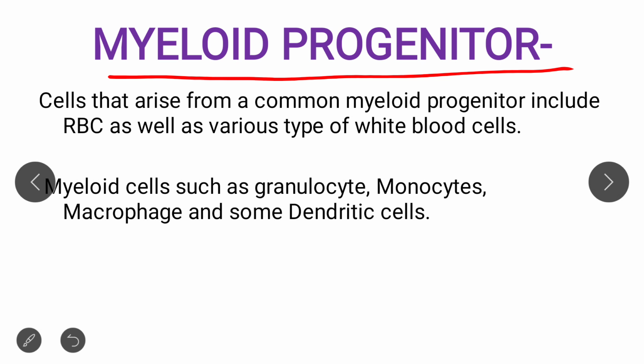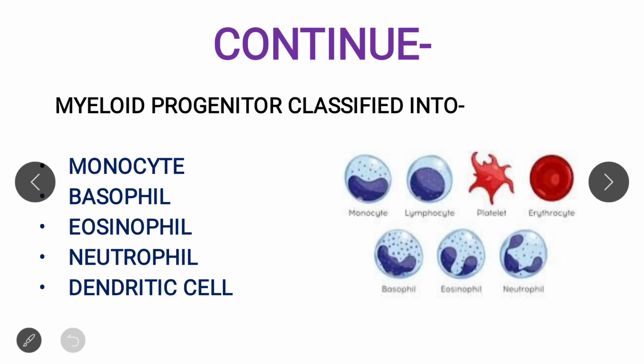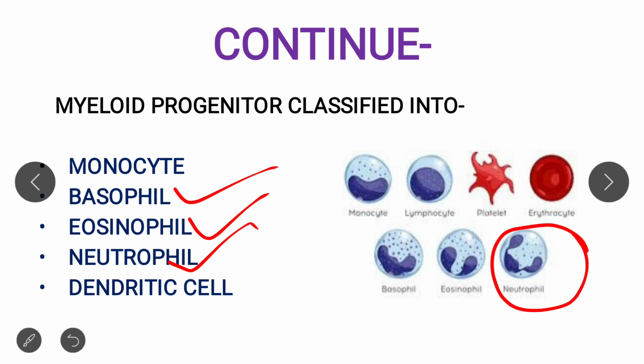Granulocytes include three types of cell: neutrophil, eosinophil, and basophil. See, this is the structure of neutrophil, this is eosinophil, and this is basophil. These three types of granulocyte cells are present in the myeloid progenitors. And another one is monocyte.